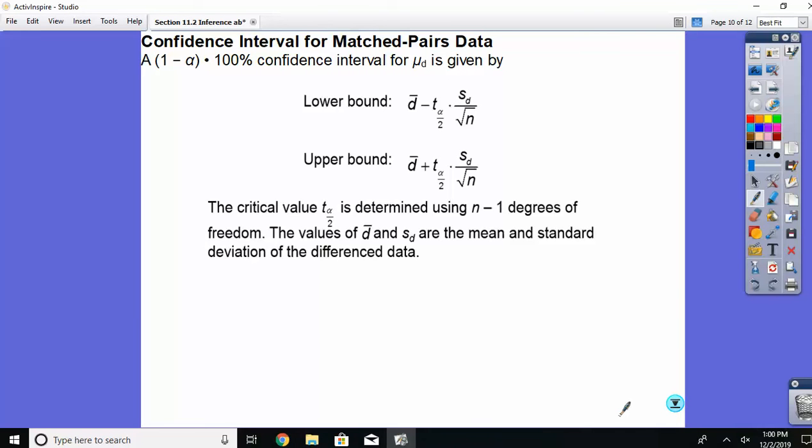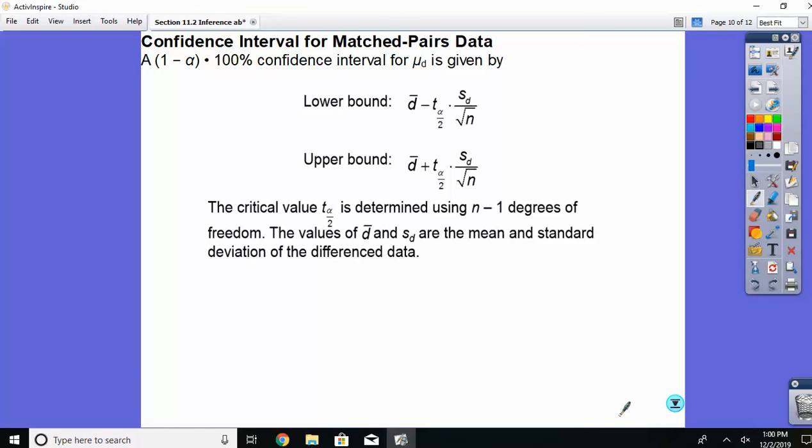If you look under chapter 9, the confidence intervals for your T is x bar plus or minus. The only difference is that one had x bar and regular S. This is using D for the difference, so it's the mean and standard deviation of the difference. Otherwise, confidence interval is the same as what you were doing on your last test.